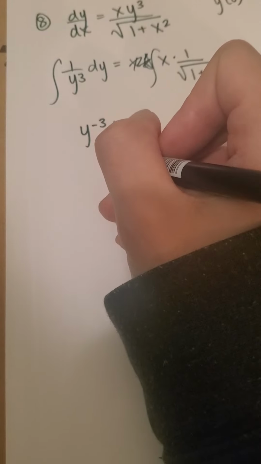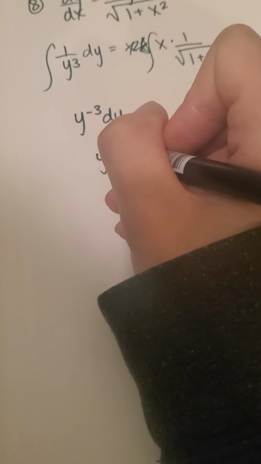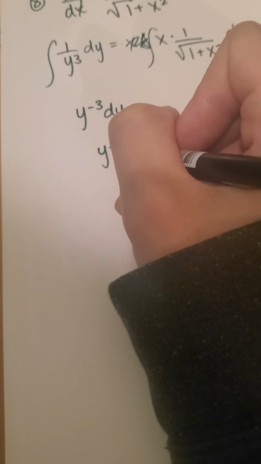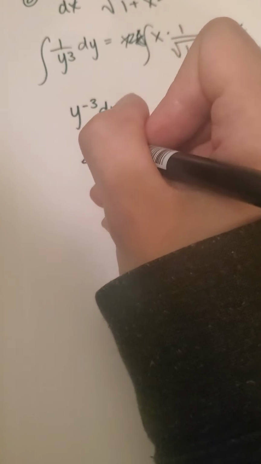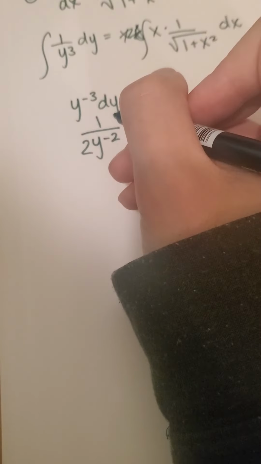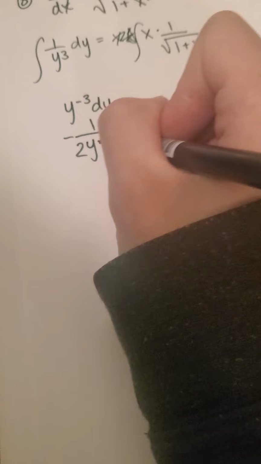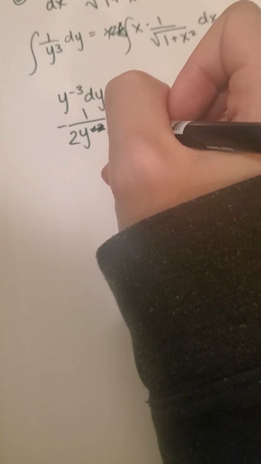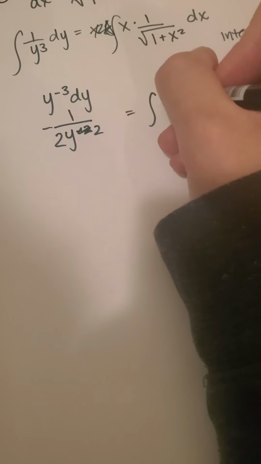So that's just gonna be y to the negative 2 over, it's gonna be 2 like such. No, it's not. It's gonna be like this. Yeah, that makes much more sense. Okay, equals the integral of x.